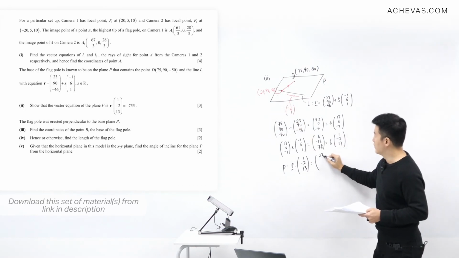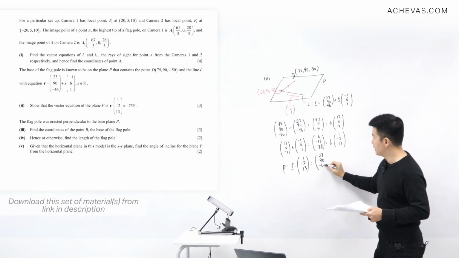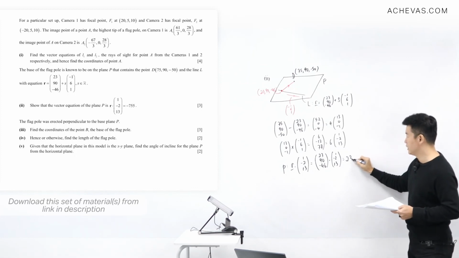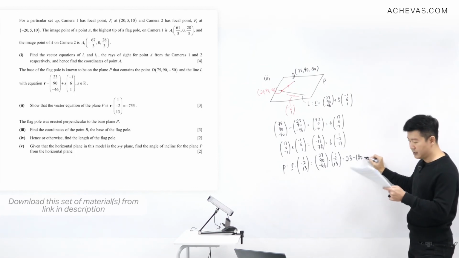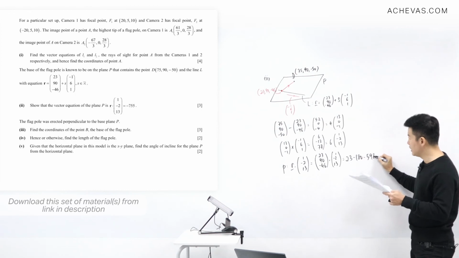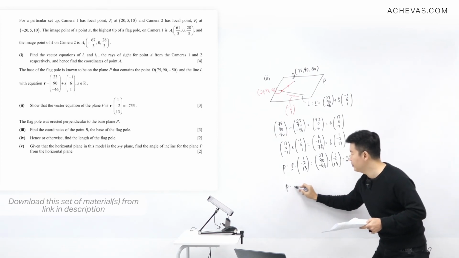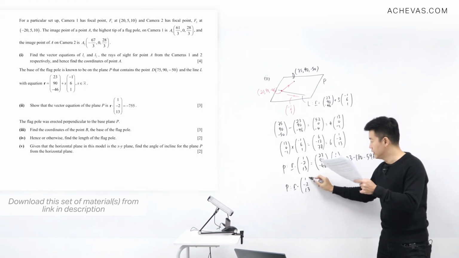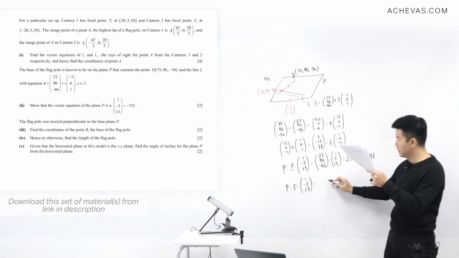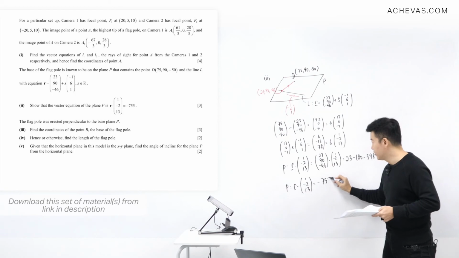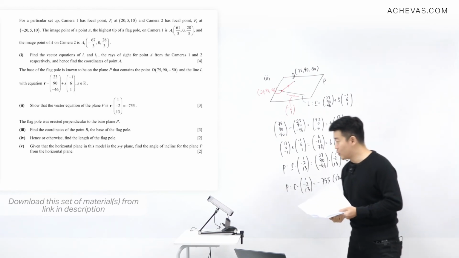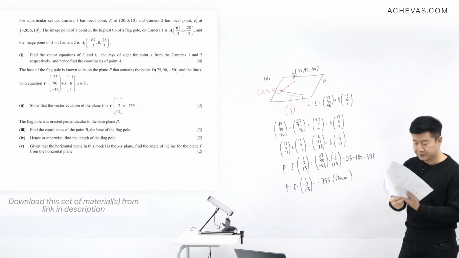It is 23, 90, negative 46 dot 1, minus 2, 13. This is going to be equal to 23 minus 180 minus 598. So for the plane P, r dot 1, minus 2, 13 is going to be evaluated to be negative 755. And this is what the question wants us to show.